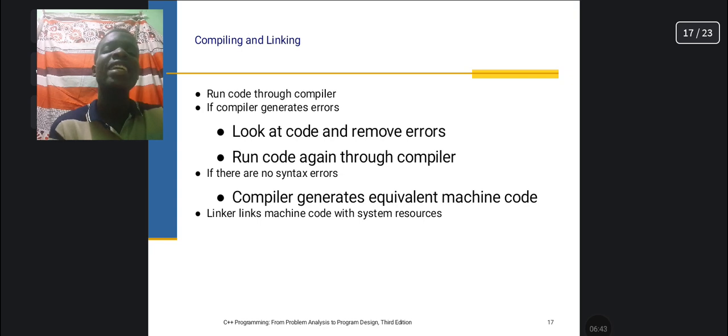Now, to run code through the compiler: if the compiler generates an error, look at the code and remove that error. That means you go back to the code, look for the error, then do something about it. When you run the code through the compiler again and there's still an error, go back and check. But if there's no syntax error, there will be a successful execution.